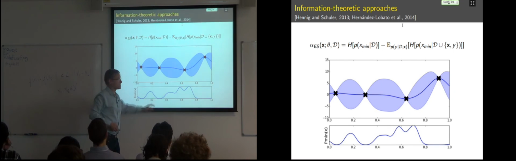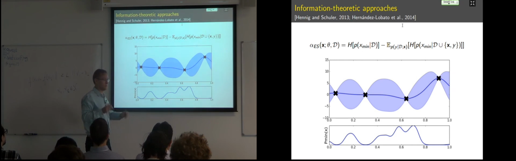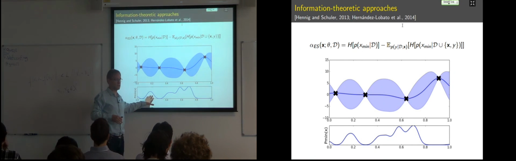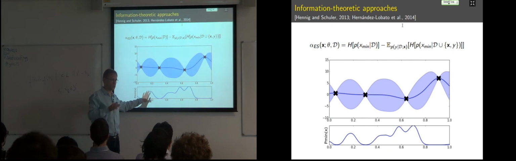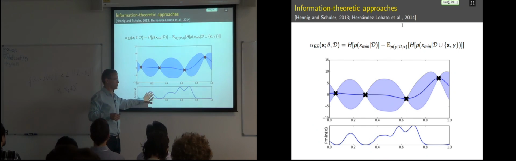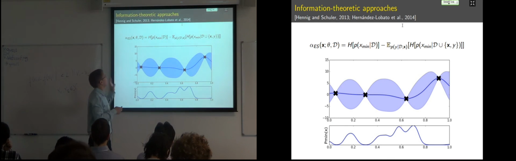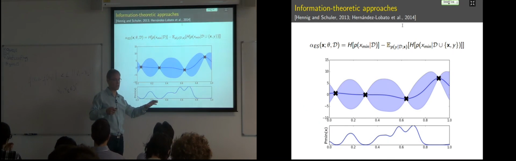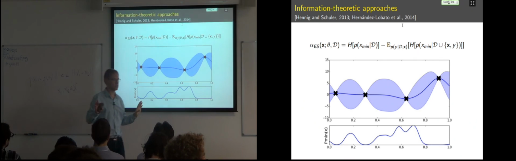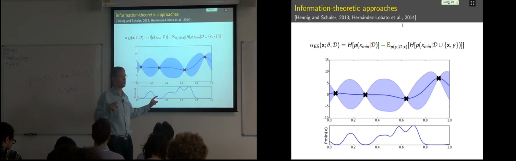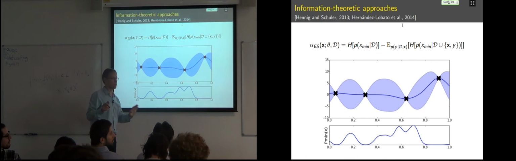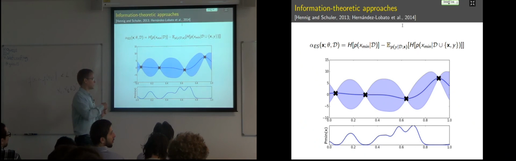But you don't have this distribution, and essentially these two papers propose different approximations to it. I don't want to go into the details of how you compute that, because tomorrow we will have Philipp and Matt Hoffman here, and they will give all the details about how you do this in practice. It's not analytic, so you need to approximate it, and they propose two different approximations.